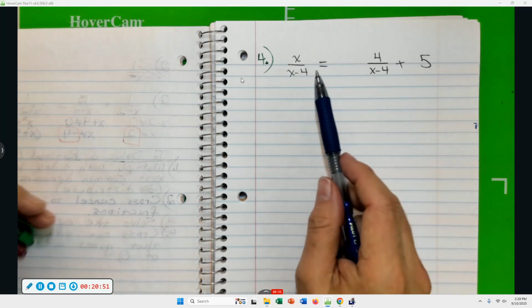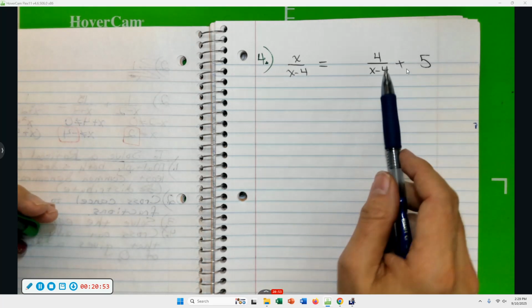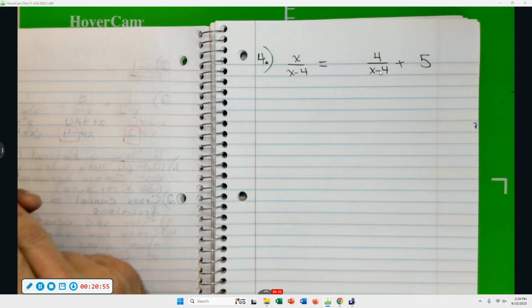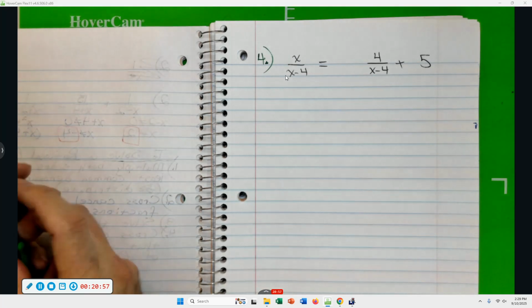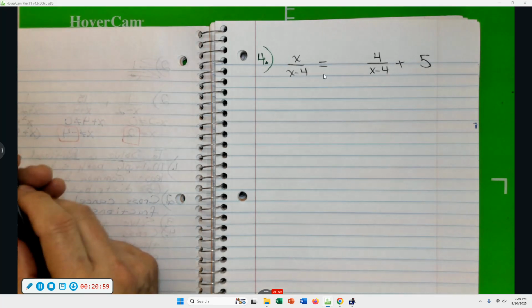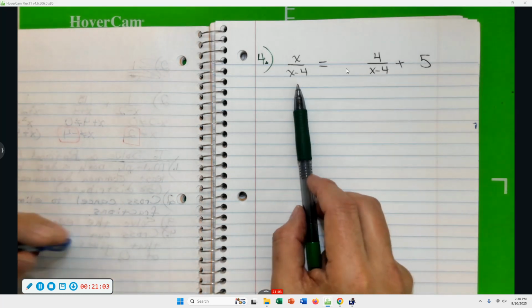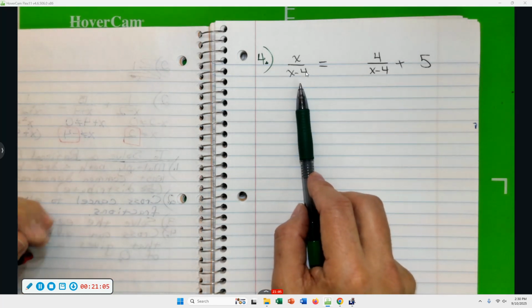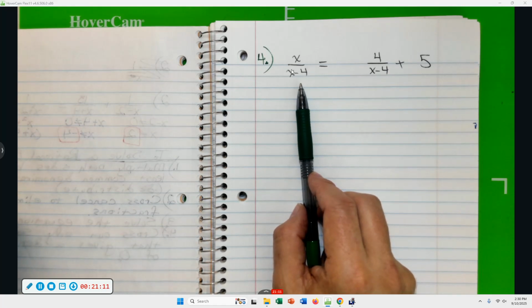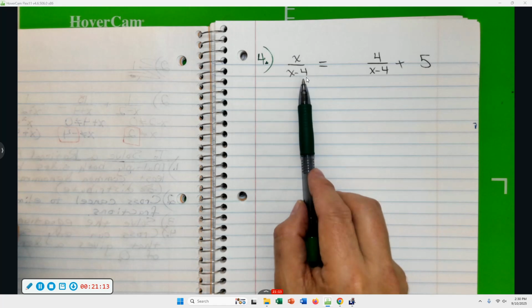If you have the same denominator being repeated, what's the least common denominator? What do you want to cancel out in this fraction? You want to cancel out the denominator, which is x minus 4.